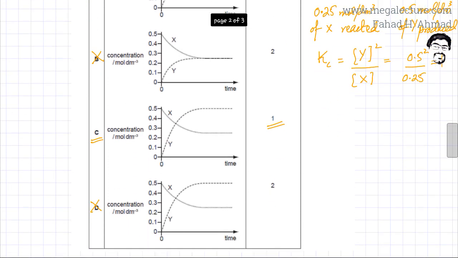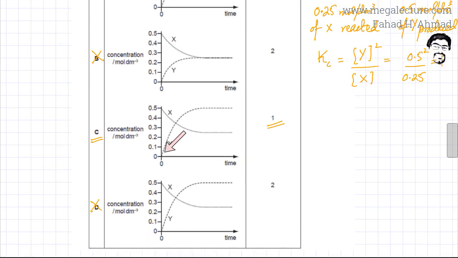So according to this, graph C looks correct because Y is initially 0 and then it rises to 0.5, and similarly X had an initial concentration of 0.5 and it falls to 0.25. So this is the point where equilibrium has been reached and the concentration of X and Y become constant. So option C is going to be your correct answer because the graph is correct as well as the value of Kc calculated is also correct.